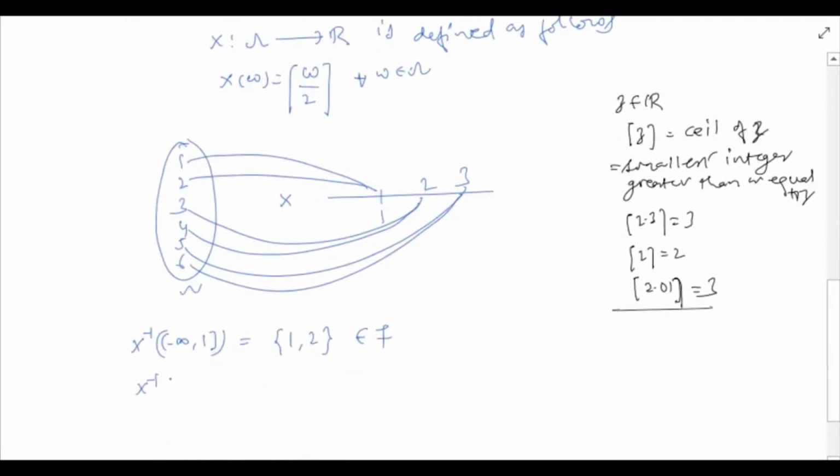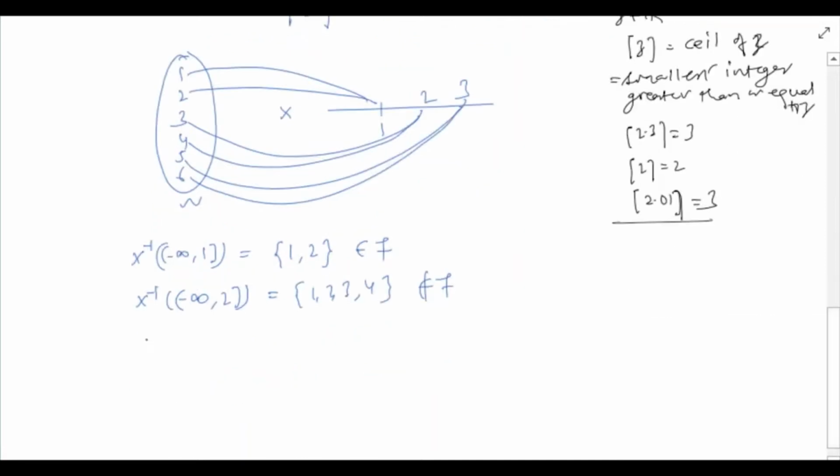On the other hand, if we consider the pre-image of the set minus infinity to 2, it is {1, 2, 3, 4}. Right? Because all these numbers 1, 2, 3, 4 are mapped to either 1 or 2. Now {1, 2, 3, 4} is not in script F. Similarly, if we consider the pre-image of minus infinity to 2.5, this will also be {1, 2, 3, 4}.